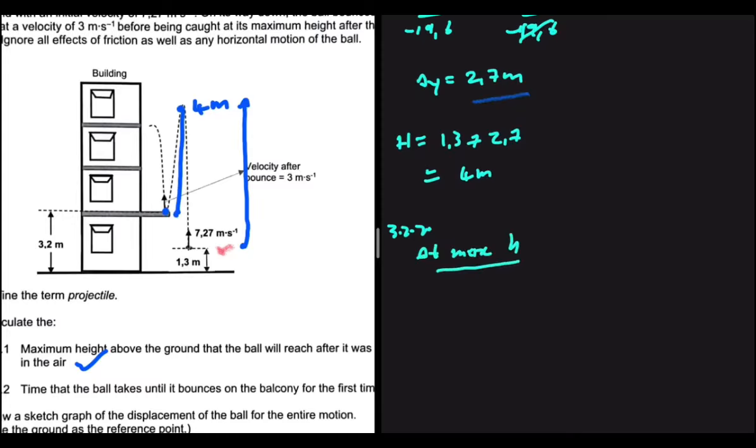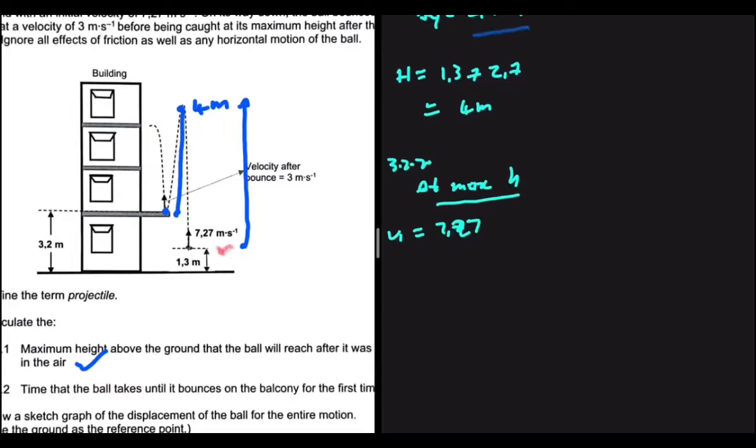Let's calculate the time it takes to reach our maximum height. So what variables do we have? We have Vi, obviously, 7.27. I don't even know which equation I'm going to use, but I know that after writing the variables down, the equation is going to present itself. So Vi is 7.27, Vf is equal to 0. I have my acceleration, that is 9.8. I'm looking for delta t. It will be straightforward which equation we can use if we have these variables. Vf is equal to Vi plus a delta t.